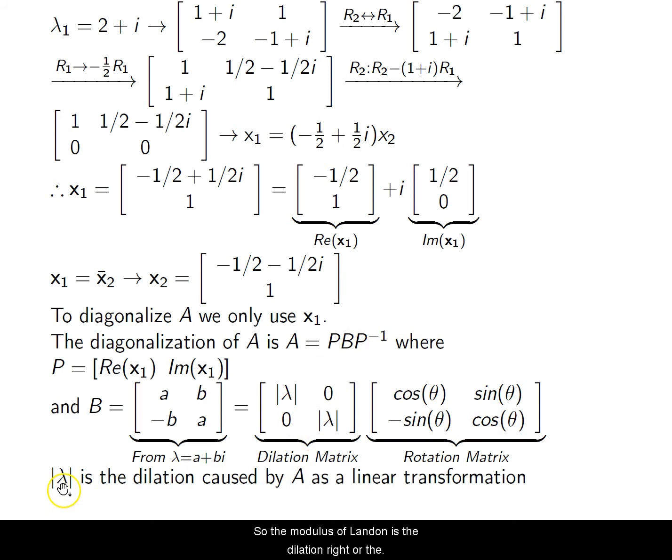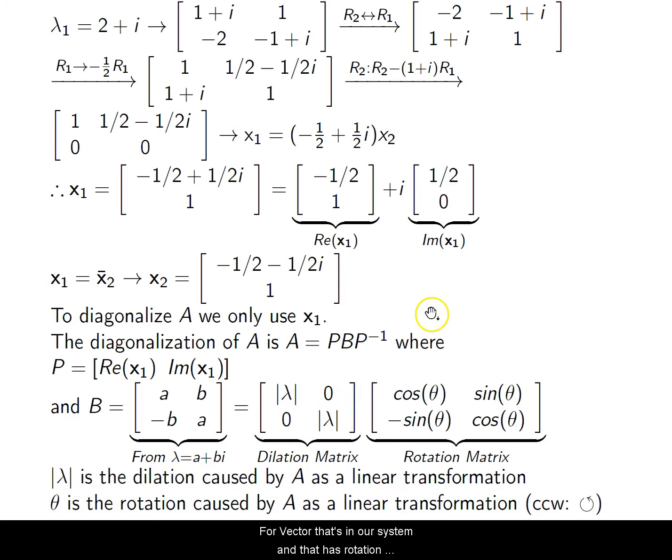So the modulus of lambda is the dilation, or the scaling factor for a vector that's in our system, and theta is the rotation caused by A as a linear transformation in the counterclockwise direction, right? So this way. Just like our regular trig functions, how we move this way along our polar coordinate system, the unit circle, all that stuff is in the counterclockwise direction.